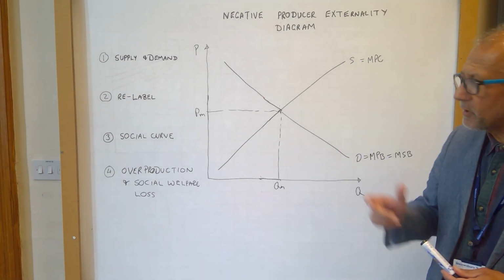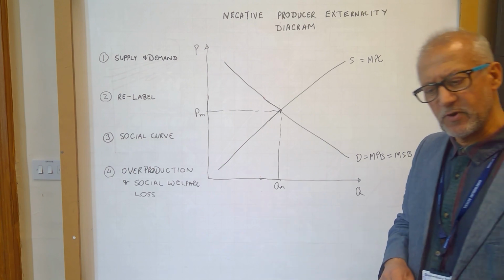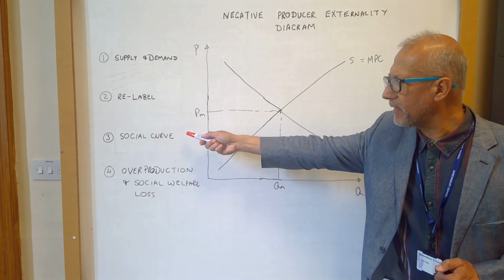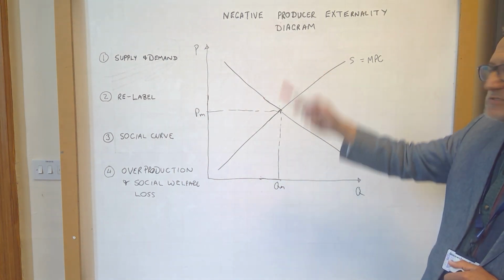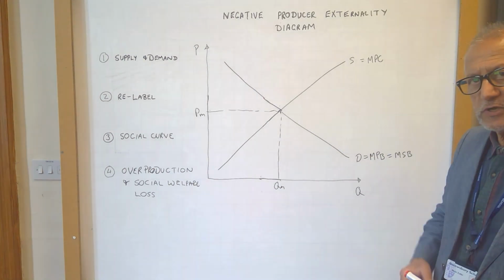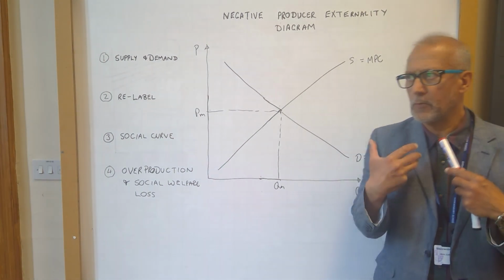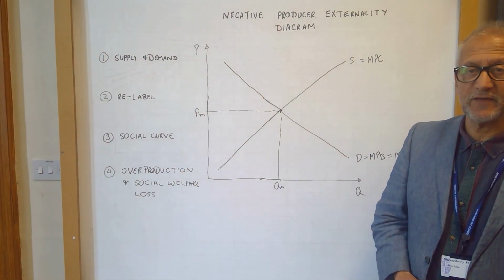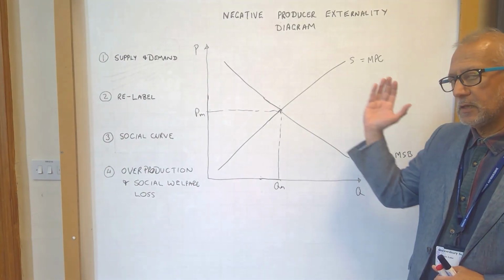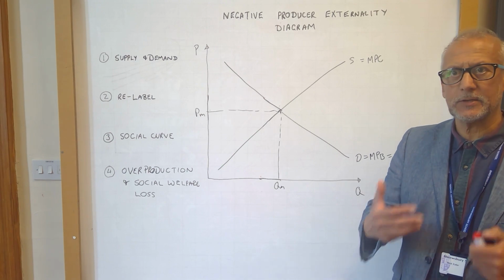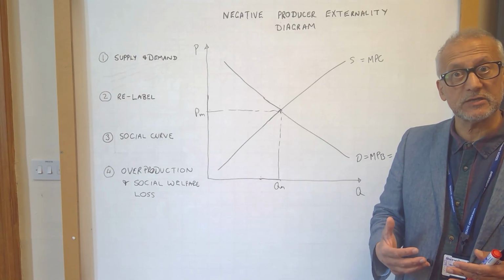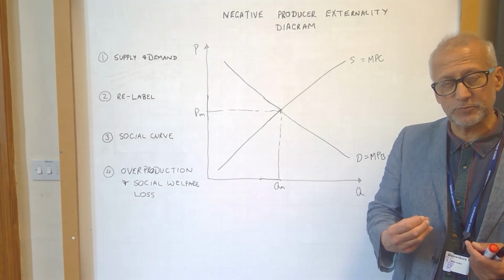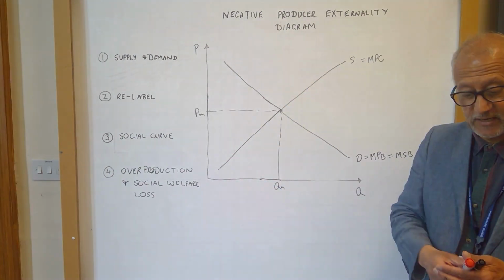Okay, so now that we've got that, let's get the red pen and start drawing in the social curve. So we've done stage 1 and stage 2 already. Social curve in this case is, if you increase the cost to a producer, the supply curve shifts to the left, does it not? The social cost is the total cost to society. If that's greater than the cost to the individual producer, then the curve must be to the left.